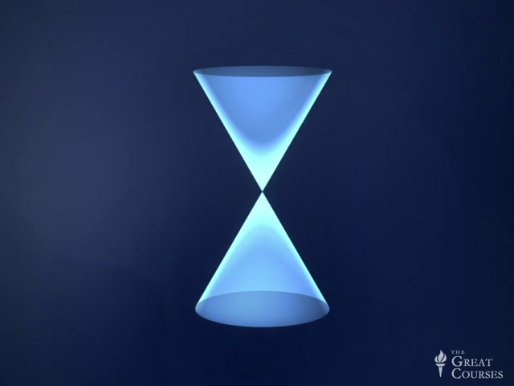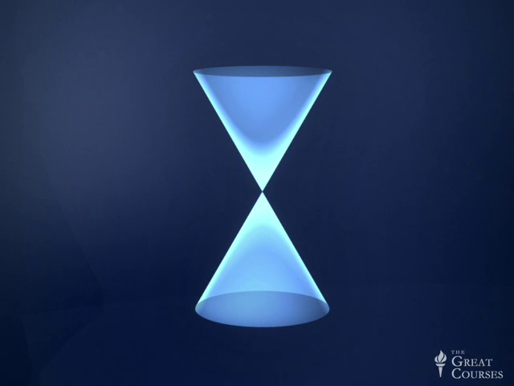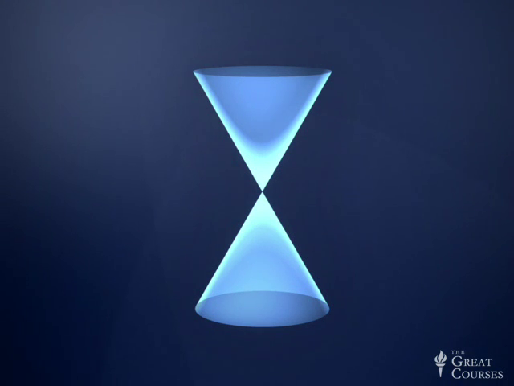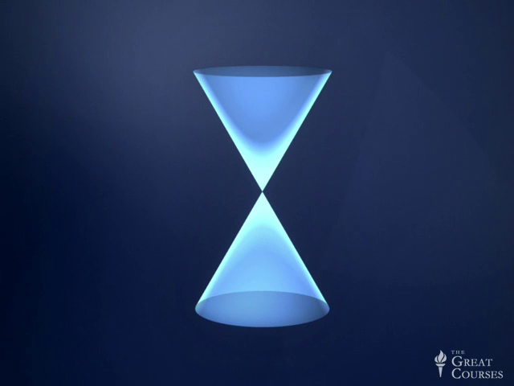Depending on the angle that blade goes through the cone, you'll end up with some sort of cross section. And those cross sections are exactly the conic sections. So we started with a cone, and that's where we get the word conic, and we're going to cut them into cross sections, and that's where we get the word sections, hence the phrase conic sections.